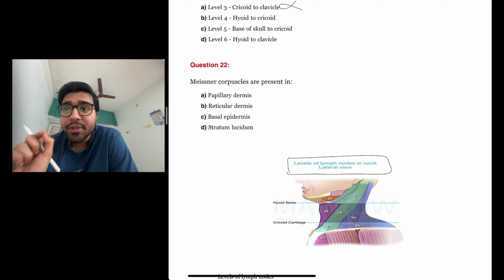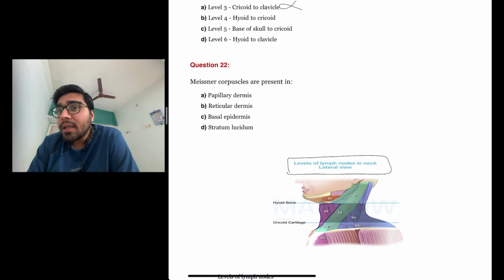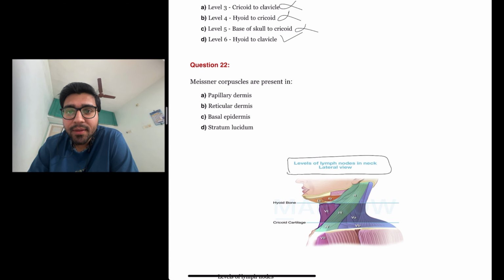Then only this kind of question becomes a cakewalk for you. Level number 4 is hyoid to cricoid. No. Hyoid to cricoid is level number 3. Level number 5 is base of skull to cricoid. This is again a wrong statement. And level number 6 is hyoid to clavicle. This is completely true because level number 6 is situated from hyoid to clavicle in this figure.